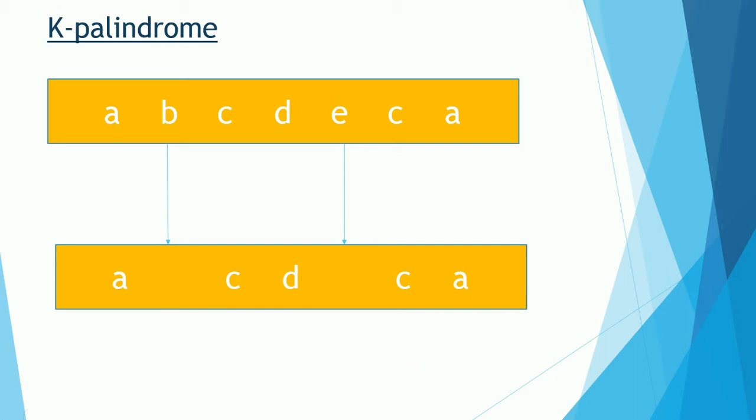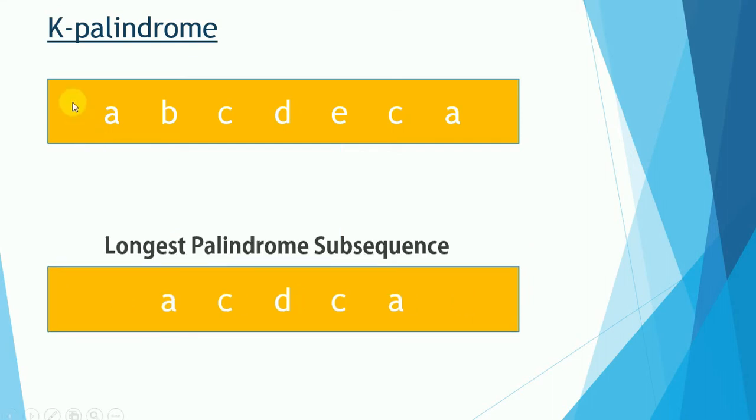Now the solution which I am going to present to you: this is our string, and we find the length of the longest palindromic subsequence of this string. What is the longest palindromic subsequence? It is ACDCA, and its length is 5. The total number of characters in this string is 7. If we subtract 5 from 7, we get 2, and that 2 is equal to k.